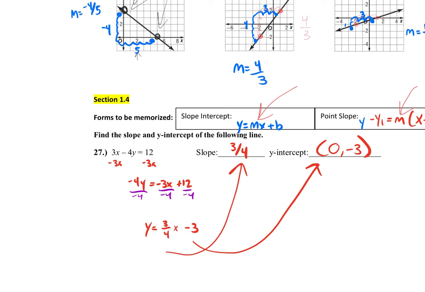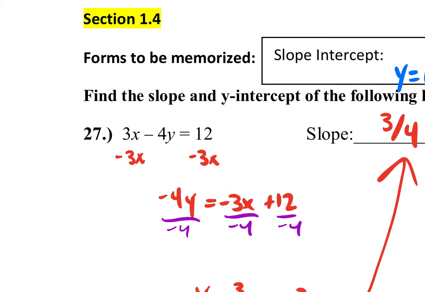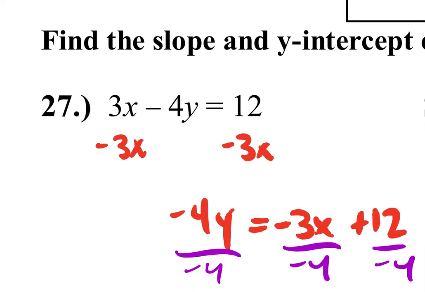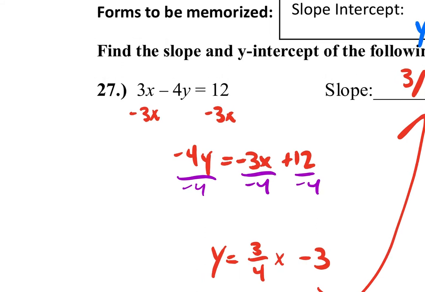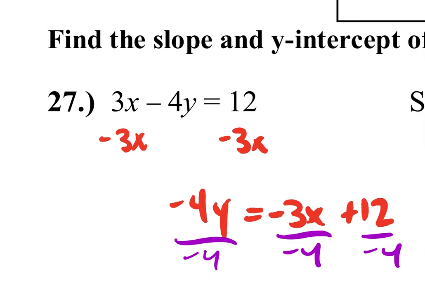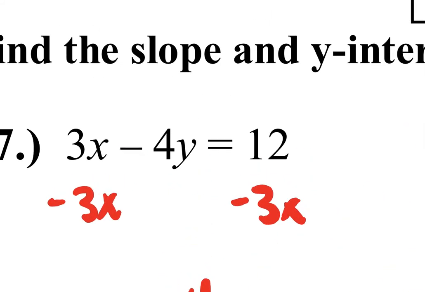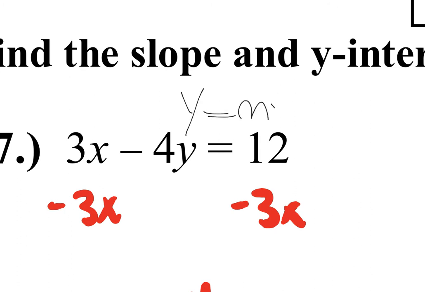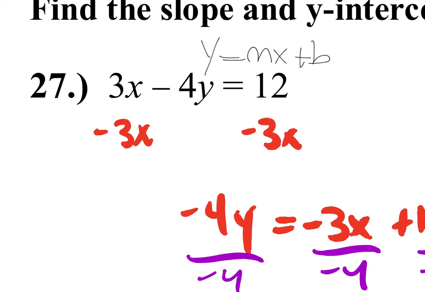So it says find the slope and y-intercept of the following line. This line right here is not in y equals mx plus b form, nor is it in point slope form. So I went ahead and switched it over. We wanted to get this into y equals mx plus b form. So essentially I need to solve for y. Notice what I did.